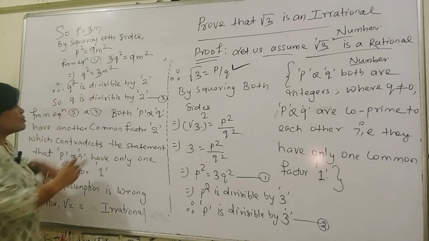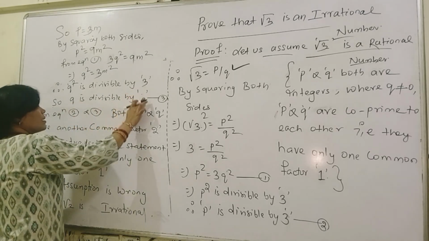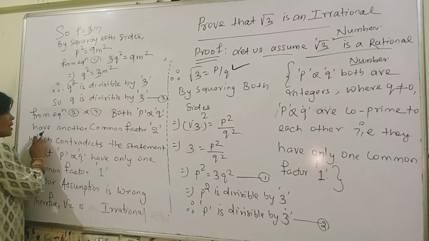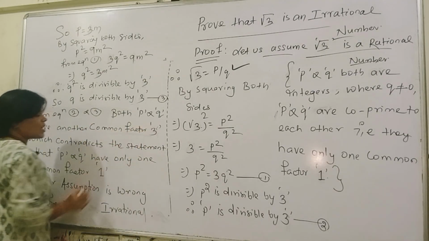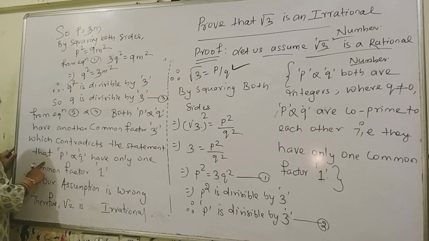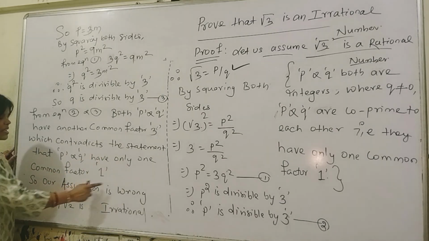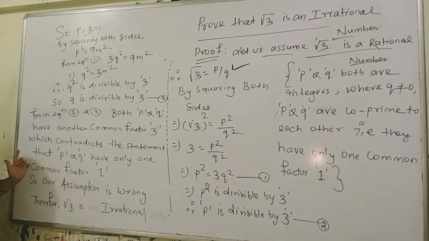Now Q square is divisible by 3. Q is divisible by 3. From equation 2 and 3, both P and Q have another common factor, that is 3, which contradicts the statement that P and Q have only one common factor 1. So our assumption is wrong. Therefore √3 is irrational, right?